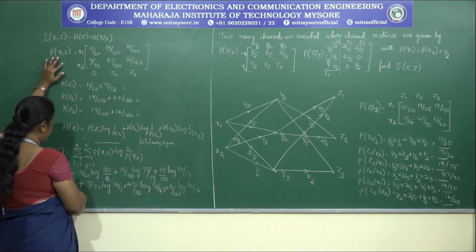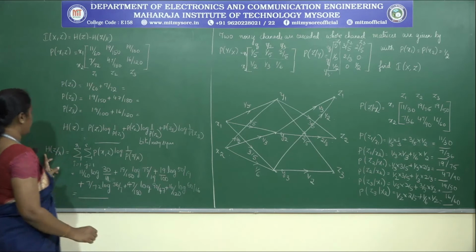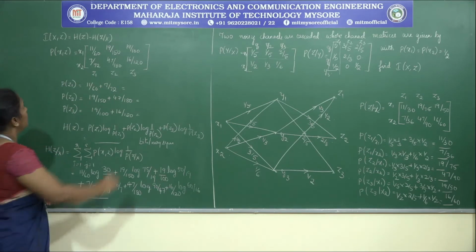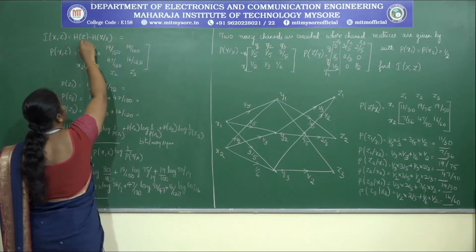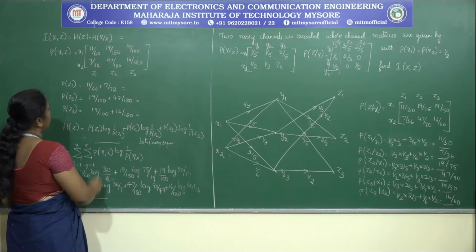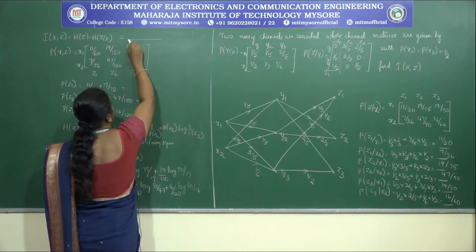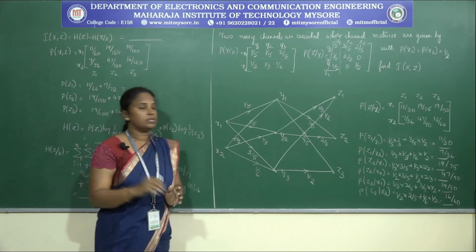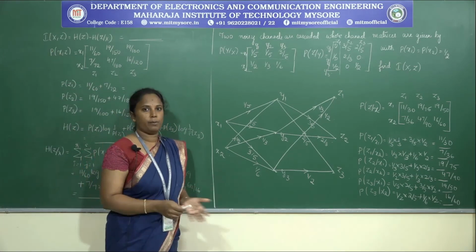So if you simplify this, you will be getting what is your h of z by x. Once you find your h of z by x, substitute in this equation h of z from here and h of z by x from here, and calculate I of x comma z. Okay. So this is the solution for this particular problem.